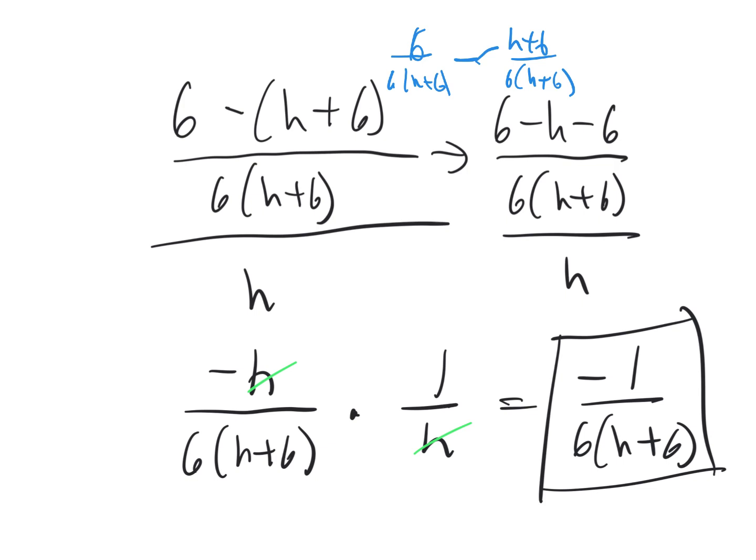So that negative comes along like a distributive property. We have to distribute that through. So that's why I wrote it this way, so I don't make that mistake, because I make that kind of mistake often. So this is an accommodation for me to help me figure this out. So distribute this negative through. I got that. The 6 minus 6 cancels out. So I'm just left with that negative h there over the common denominator.